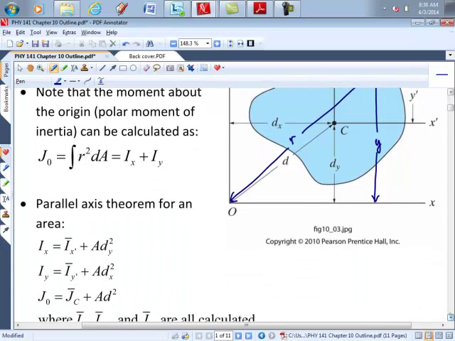Okay, and then our parallel axis theorem, there's one for Ix, one for Iy, and one for the polar moment of inertia. So polar moment of inertia is going to be the moment of inertia about the centroid point, so about c, plus A times d squared, where d is this oblique distance from the origin to the centroid.